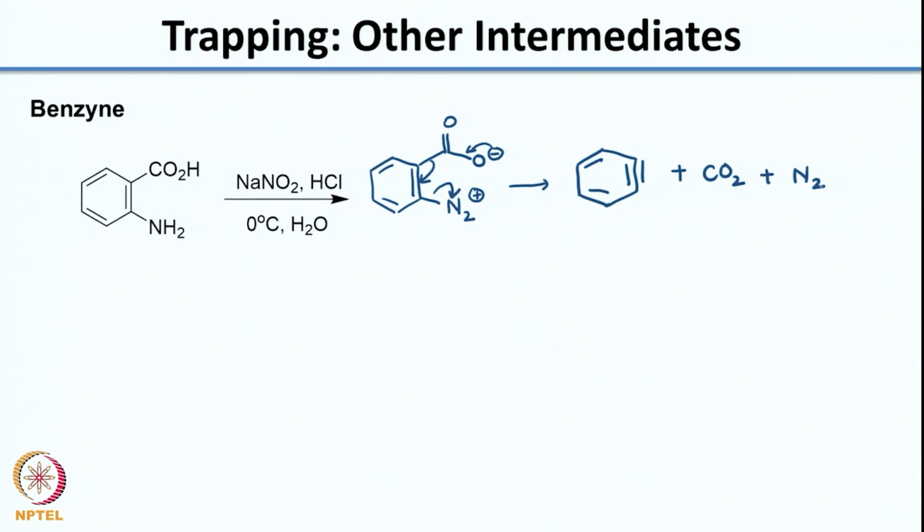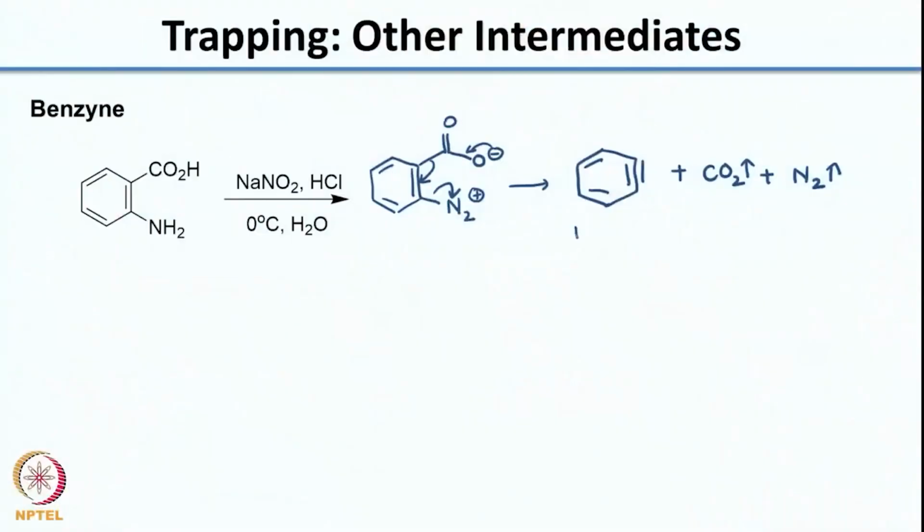Now, this reaction is very facile because the other byproducts are gases and these gases will go away. So, the reaction is highly favorable to the right where you generate the benzyne and you have these gases going away. Once you generate the benzyne, it is a highly reactive intermediate.